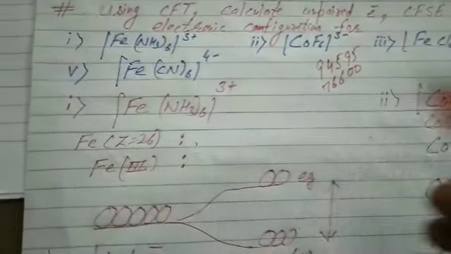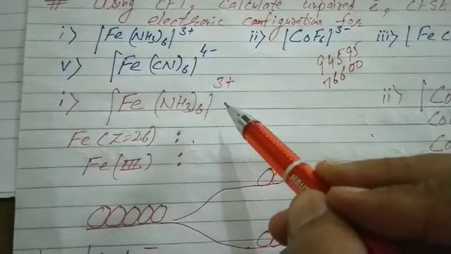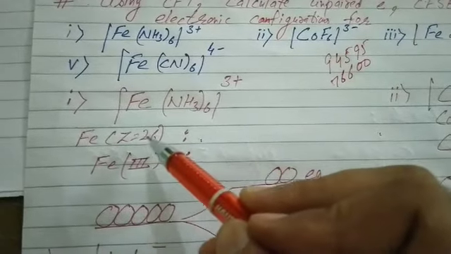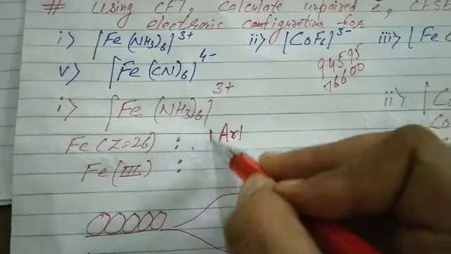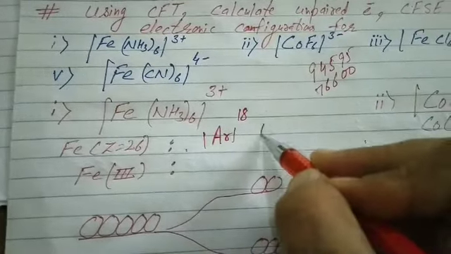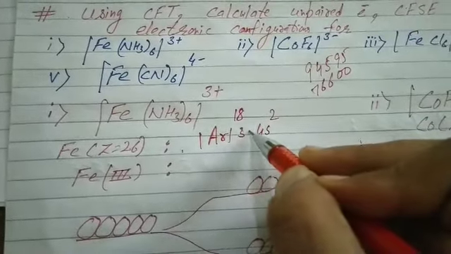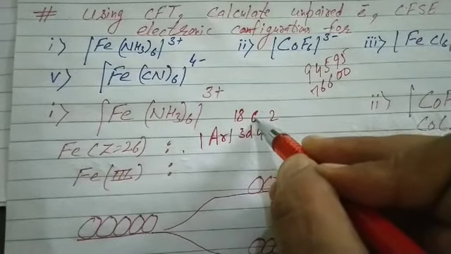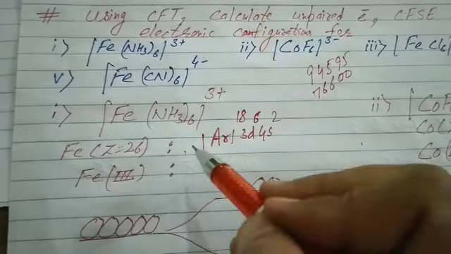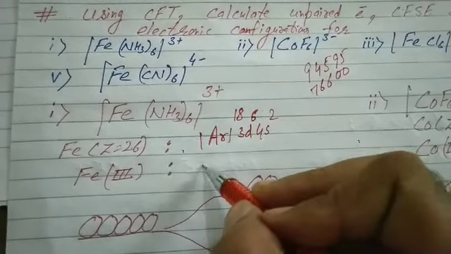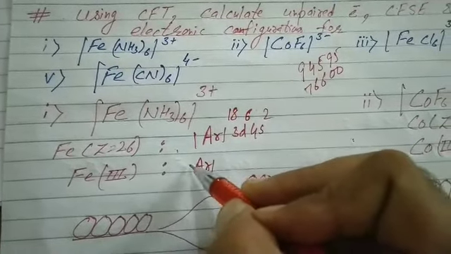First, students, that's your complex. At first, the metal ion is iron, atomic number 26. Mention the electronic configuration; it is necessary: argon 18, 4s2 3d6. Again, the key point is to check the oxidation number of the metal ion. X plus 0 equals plus 3, so iron 3+. Friends, what's the configuration of the metal ion in the complex?